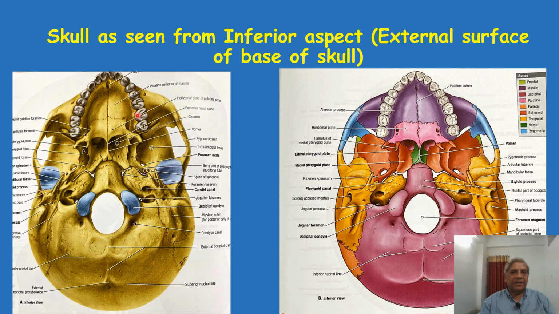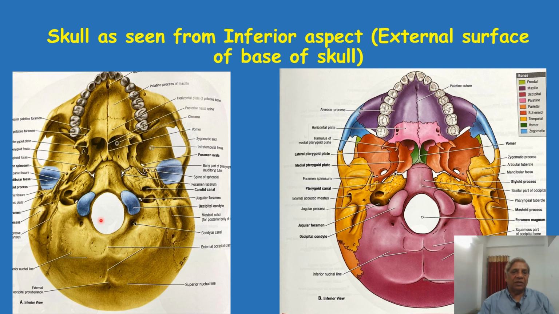This is the hard palate, the part of the bone present between the alveolar arch and the upper teeth. This is the posterior margin of the hard palate. The first line passes along this, and the second line passes along the anterior margin of foramen magnum. This, the largest foramen of the body, is the foramen magnum.